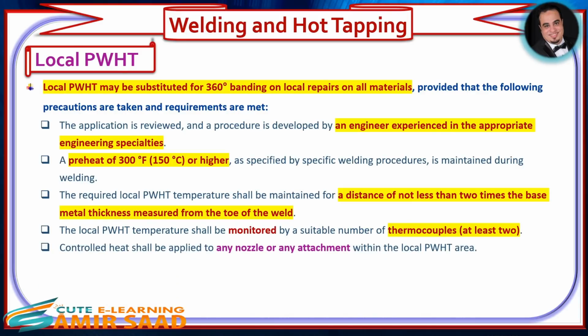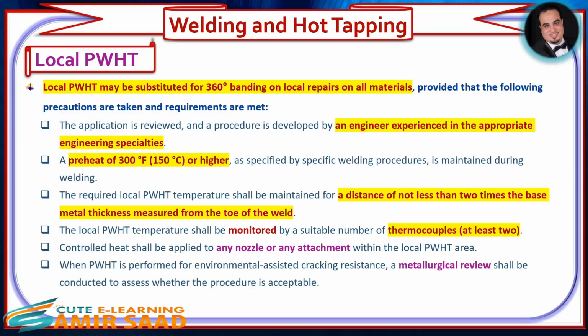Controlled heat shall be applied to any nozzle or any attachment within the local PWHT area. When PWHT is performed for environmental assisted cracking resistance, a metallurgical review shall be conducted to assess whether the procedure is acceptable.